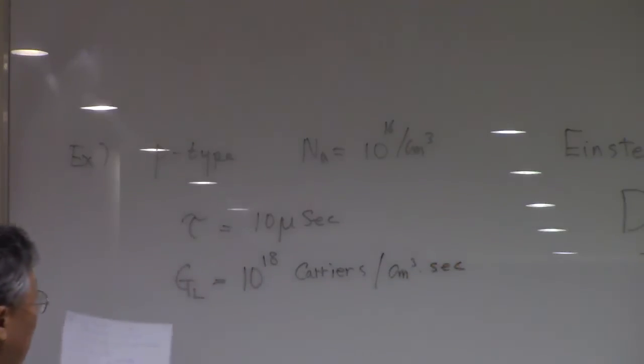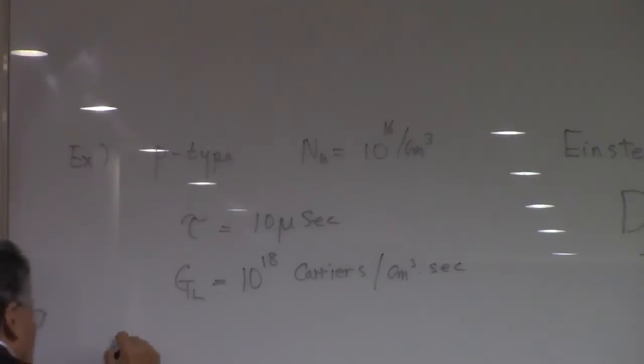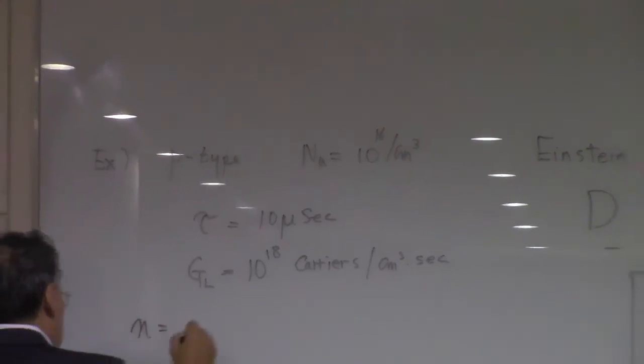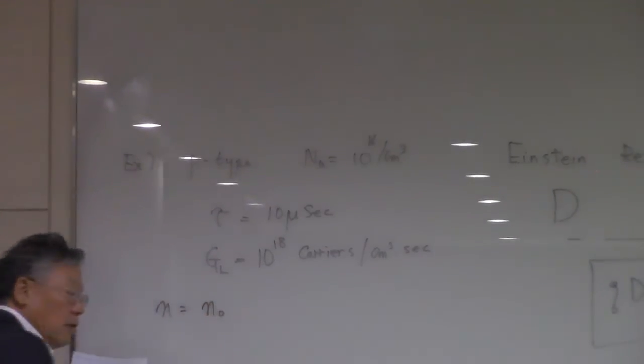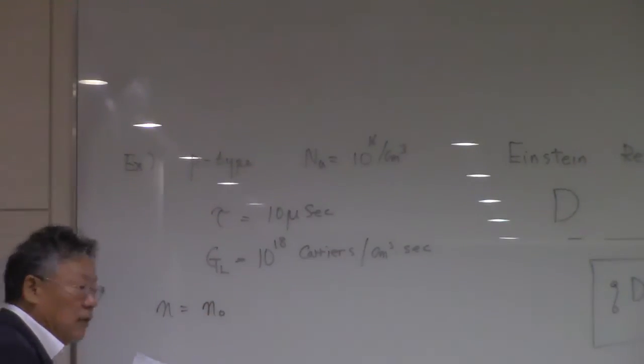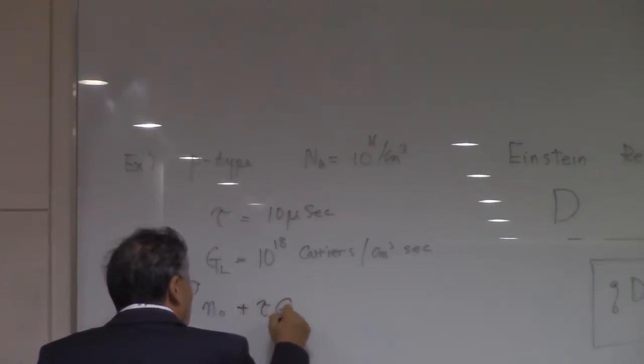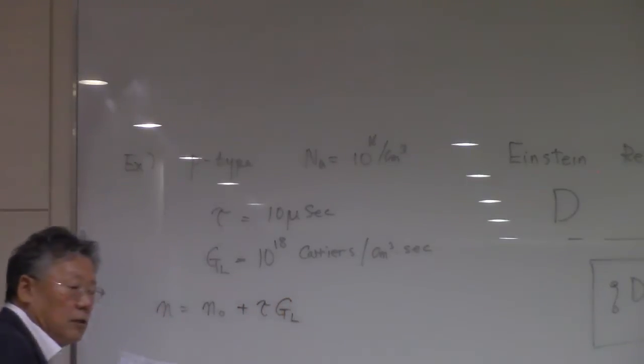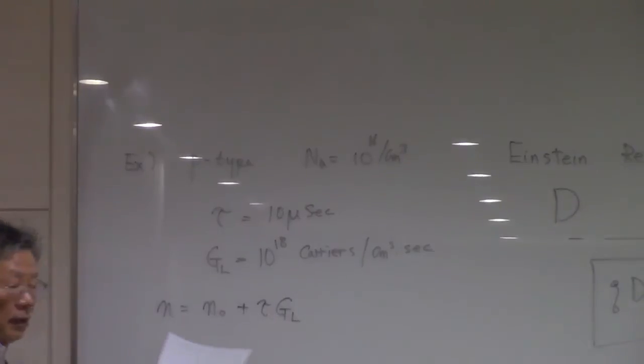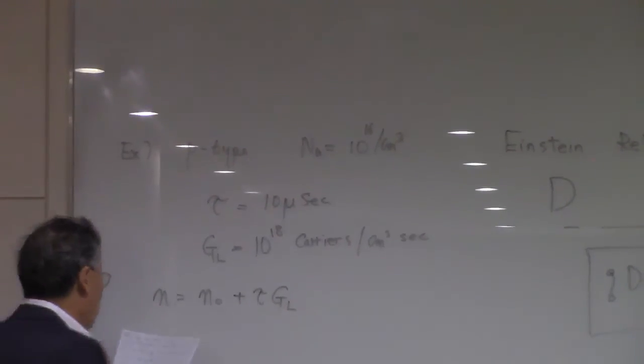By shining light. Now, if you have this material, then the number of electrons is going to be the equilibrium concentration of the electrons before shining the light, plus the lifetime of electrons in the material times the generation rate, simply.